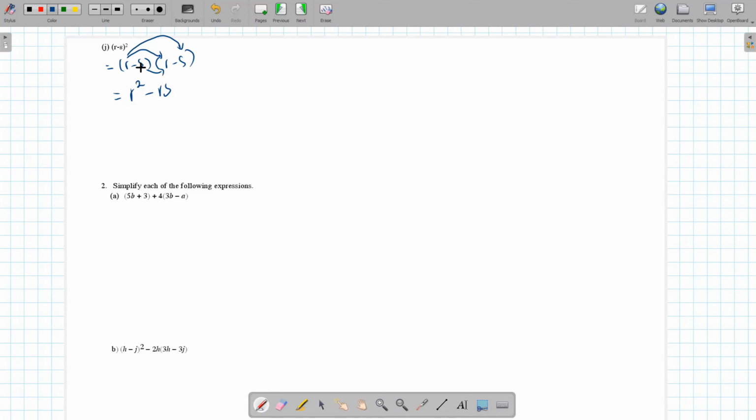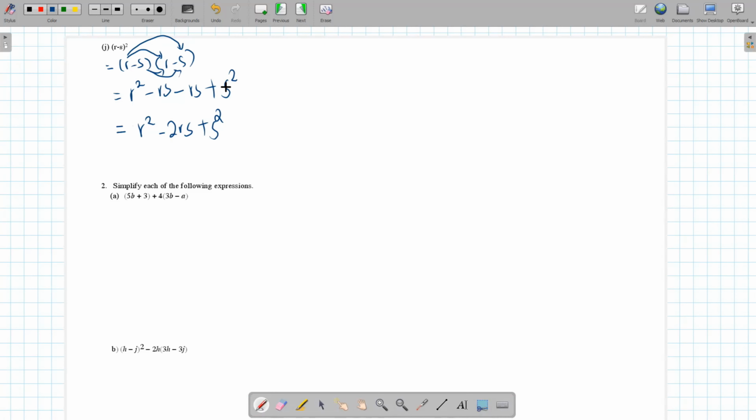Then we repeat the same thing: negative s times r, we get negative rs. Negative s times negative s, we get positive s squared. We simplify the like terms first. r squared minus 2rs plus s squared. So that is how we do the expansions.